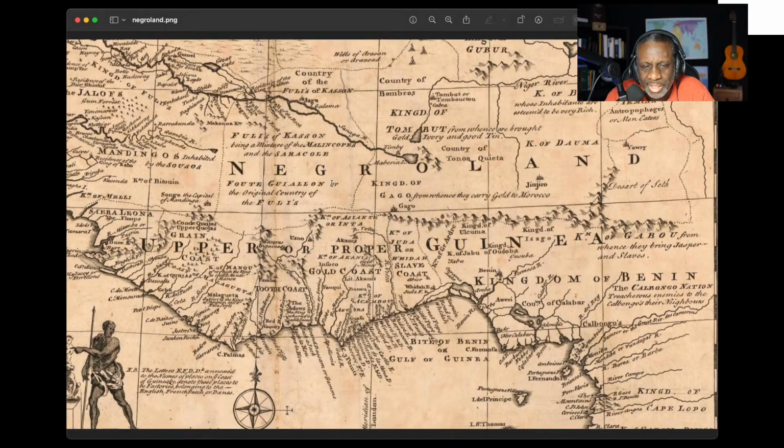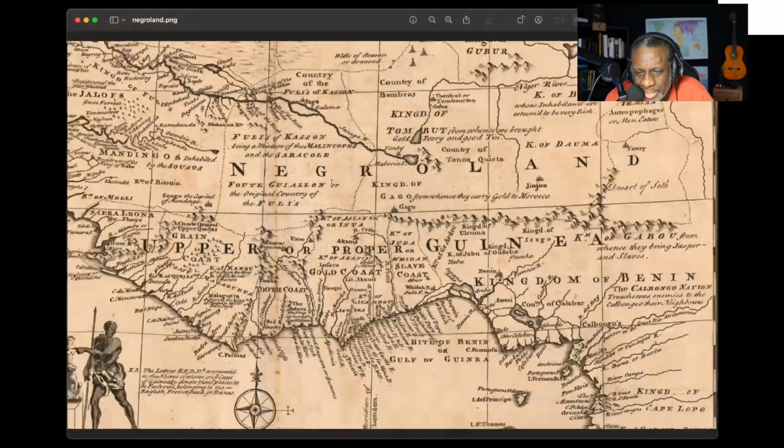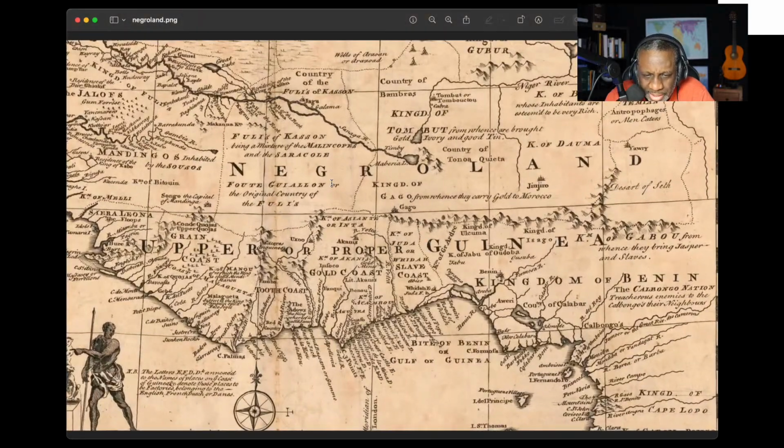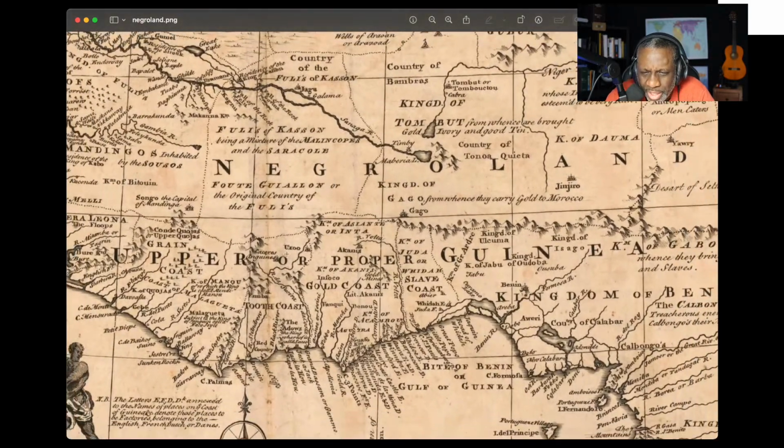This here is Negro Land. Well, there's a place on here that says Negro Land. If you go over here, this is supposedly where they took all the slaves and moved them around.